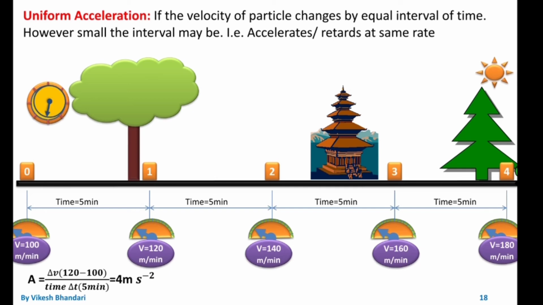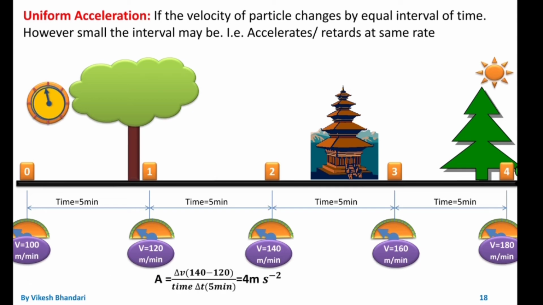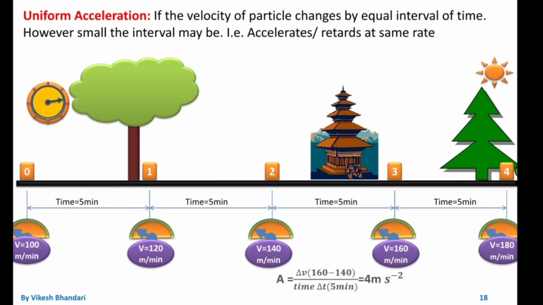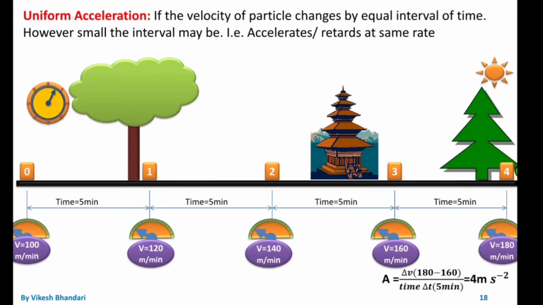In the second condition, delta v is 140 minus 120, in 5 minutes, 4 meter per second square. Here also it is 4 meter per second square, and in the last condition it's 180 minus 160 divided by 5 minutes. It is 4 meter per second square. In all conditions, what is the acceleration? It is 4 meter per second square.